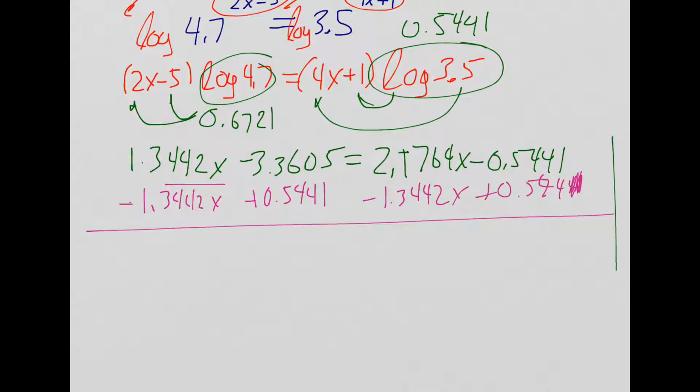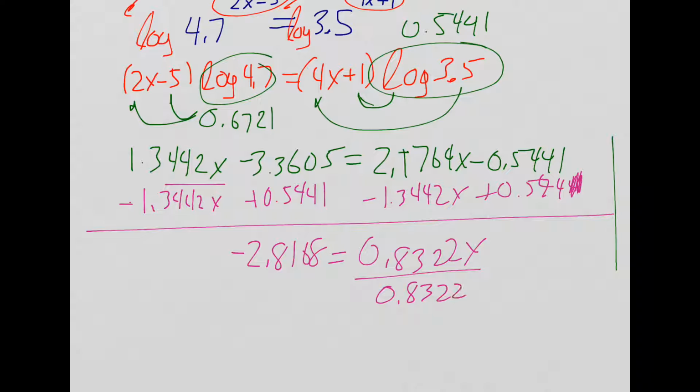And I will end up with a negative 2.8168 equals 0.8322x. And I can just divide by 0.8322. And I end up with x is approximately equal to a negative 3.3848.